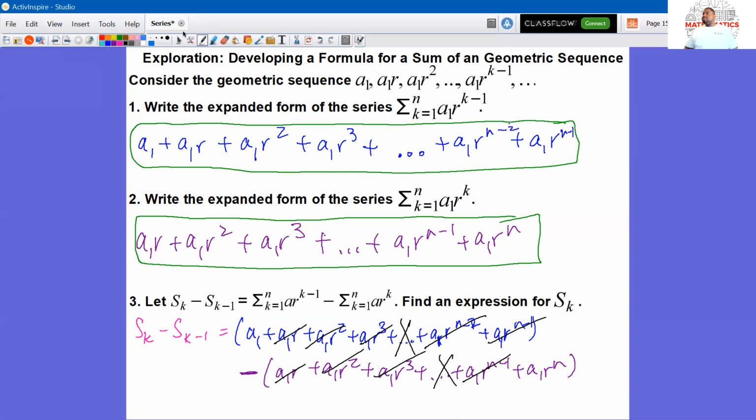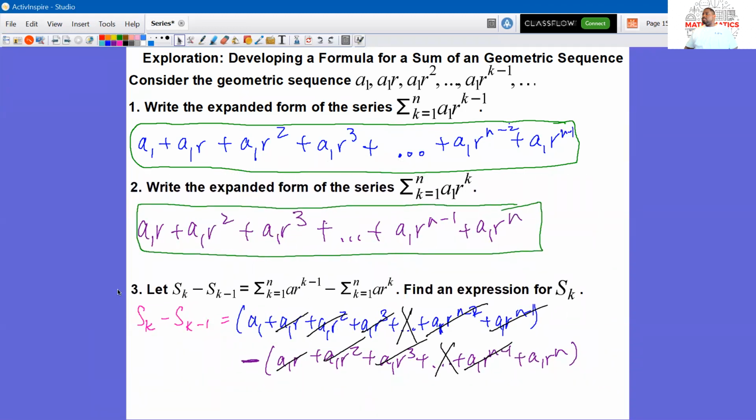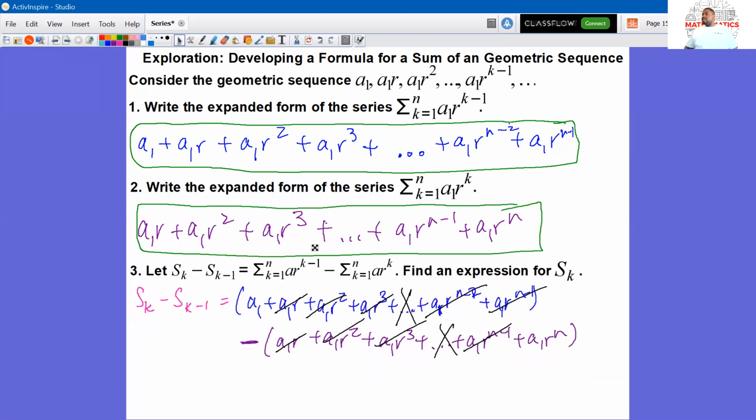Okay, so let me kind of move this up so you can see. Let me move this up a little bit more so you can see. I'm about to write here. Okay, so now here's the thing. This right here is the second sequence.